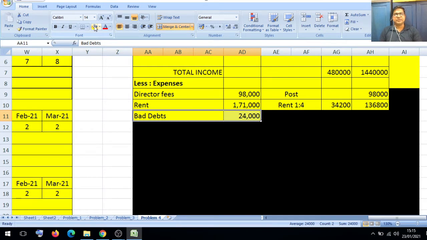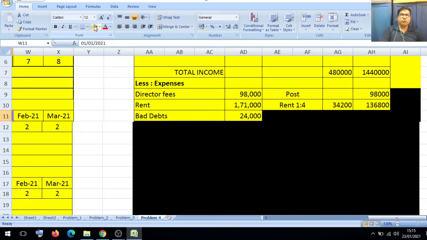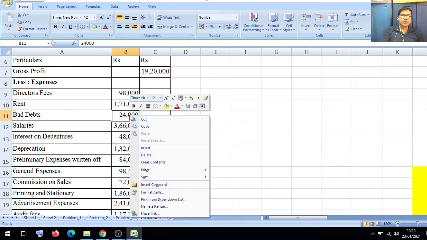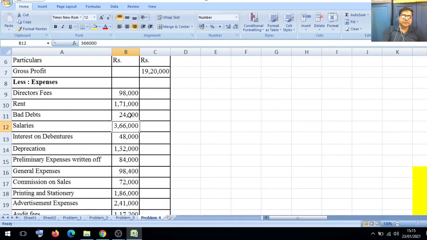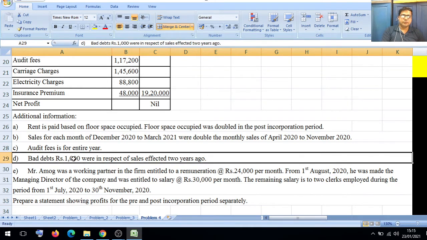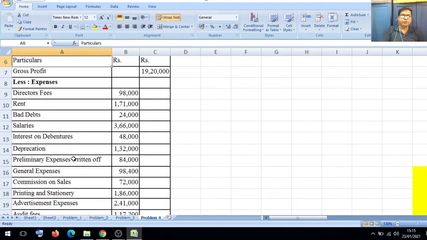Now next expense, bad debts. What is provided for bad debts? Bad debts are 24,000, and in our adjustments they have provided information about the bad debts. Bad debts of rupees 1,000 were in respect of sales effected 2 years ago.